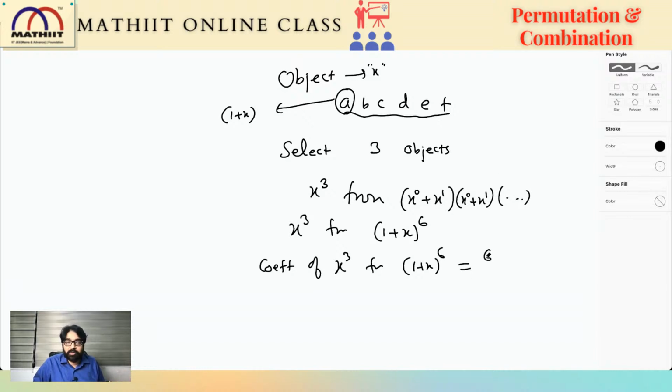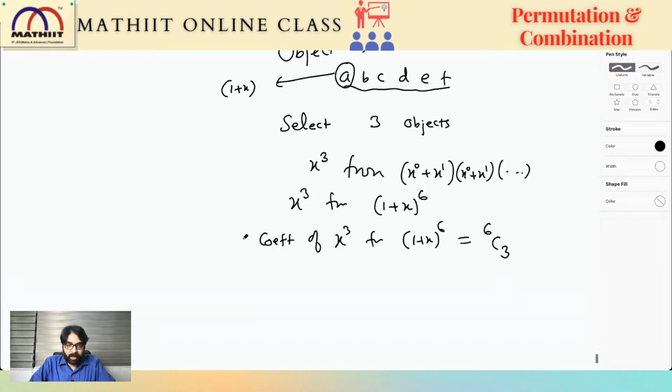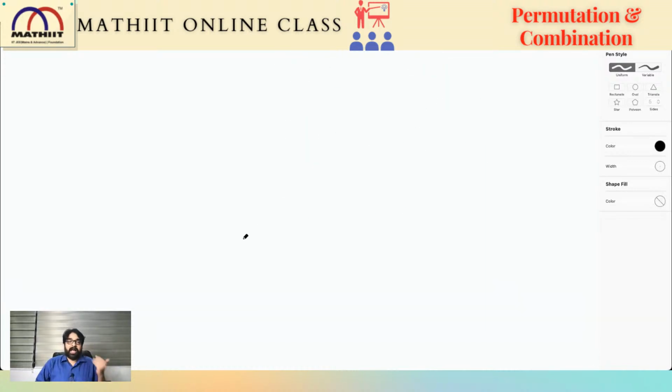So that will be equal to 6C3. Everybody understood this point? The magic will start from here, but sometimes it will be calculation based. So don't get scared.